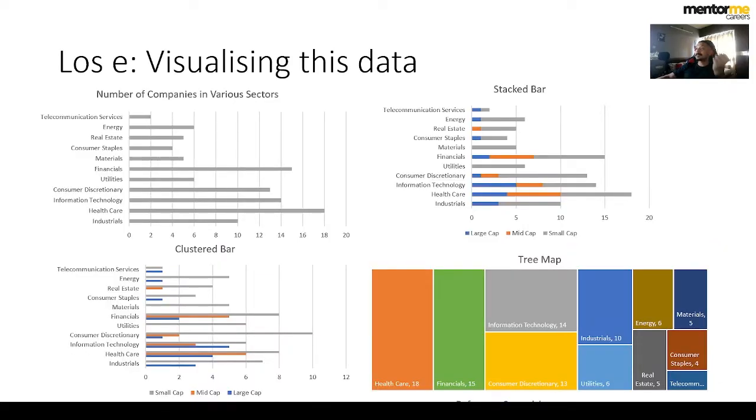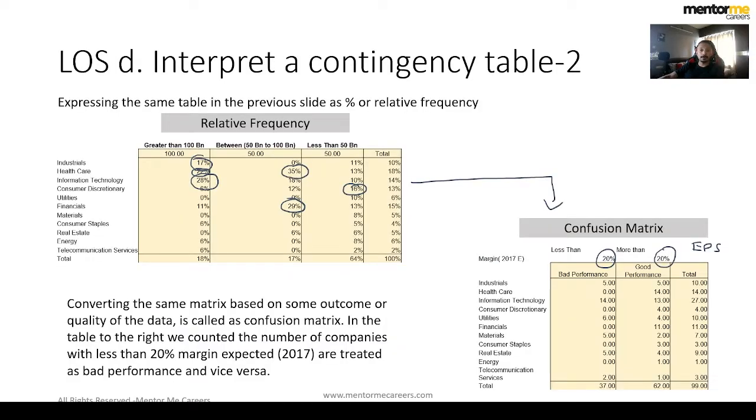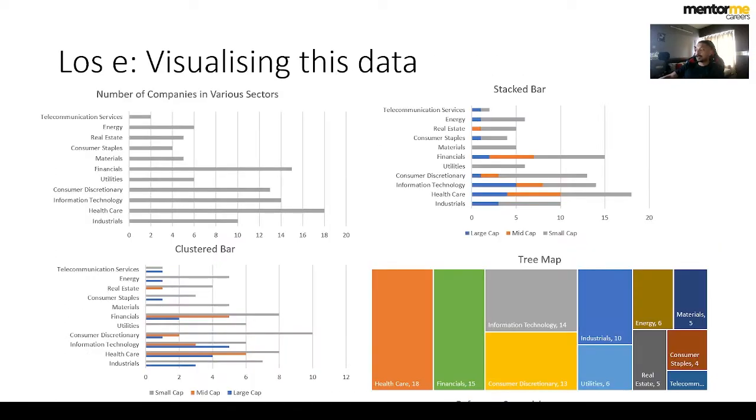There are multiple ways of visualizing the same data which we have presented out here. Okay. But I will show you a chart by which you can logically identify which chart makes more sense. But for the sake of knowing the name of the chart, we are looking at this. Okay, so this is a simple clustered bar, nothing but it's just giving you a count.